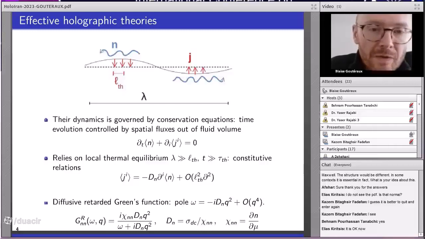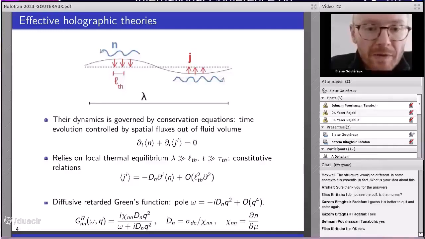In the case of hydrodynamic diffusion, which is the example I was taking here, if you plug the constitutive relation into the conservation equation, then take a Laplace transform and express the density fluctuation in terms of its initial value, you can access the retarded Green's function for density, and that takes the usual diffusive form, with a diffusive pole in the denominator at omega equals minus i D q squared.